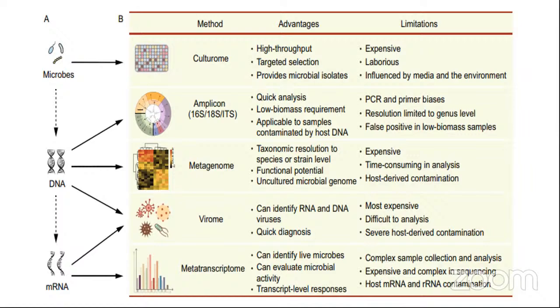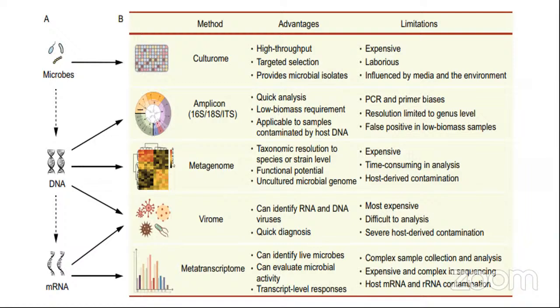So if we have the DNA as our starting genetic material, we can go for an amplicon-based sequencing approach where we can have a quick analysis, a survey of the entire microbial profile in a community, or through a PCR-based analysis, we can identify the components.